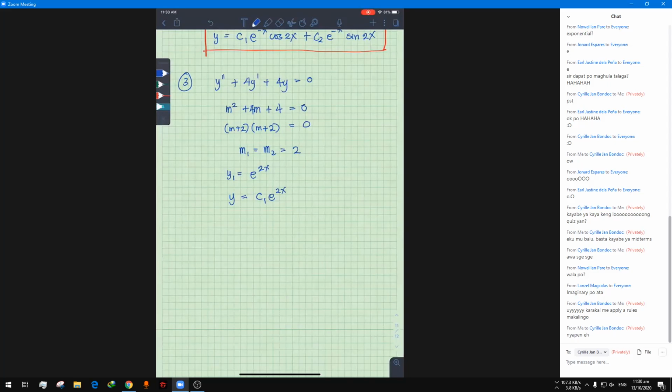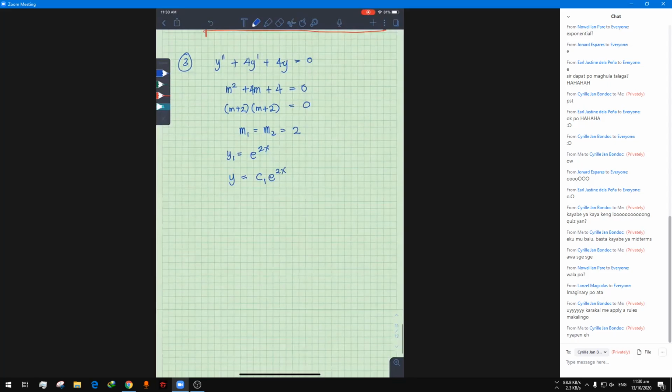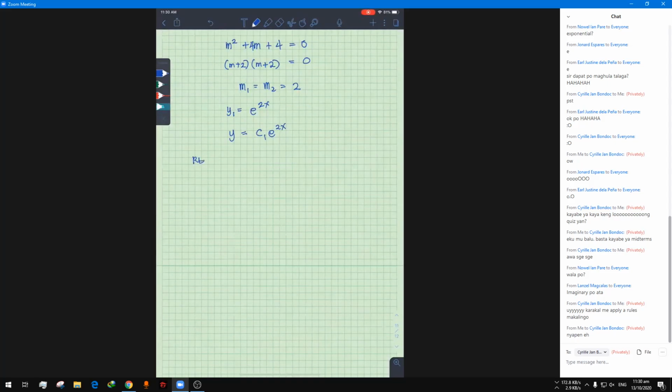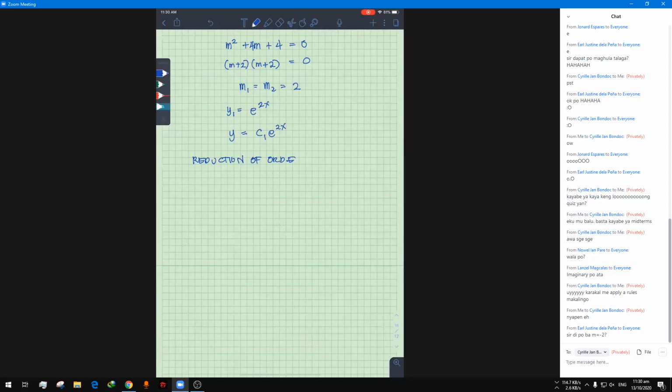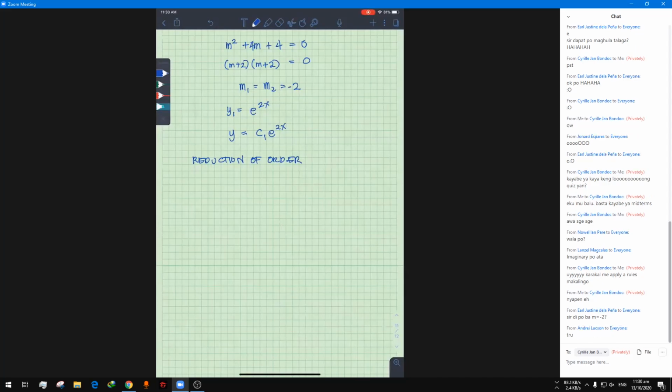So what are we going to do to resolve this case? So gagawin natin, we're going to employ yung reduction of order formula. Ang idea ng reduction of order, basta meron kang isang solution, ay tama, negative 2, sorry. Negative 2. Okay.